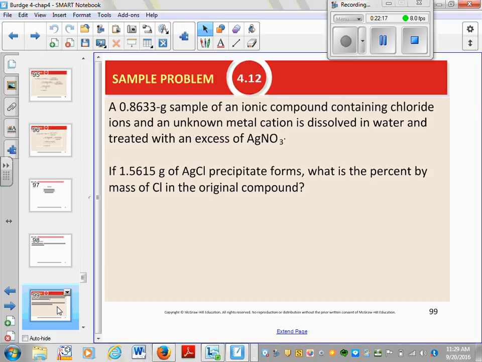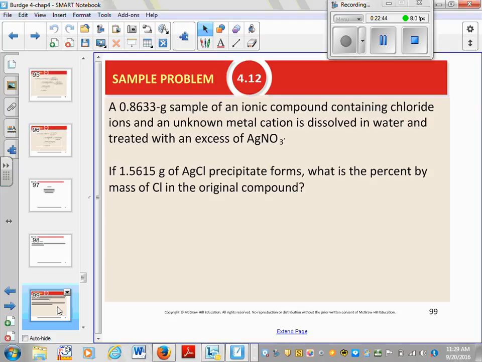Has everybody gotten lost yet? Okay. So we know we have 1.5615 grams of silver chloride. I want to know how much is chlorine. I put the 100 here, 24.73%.